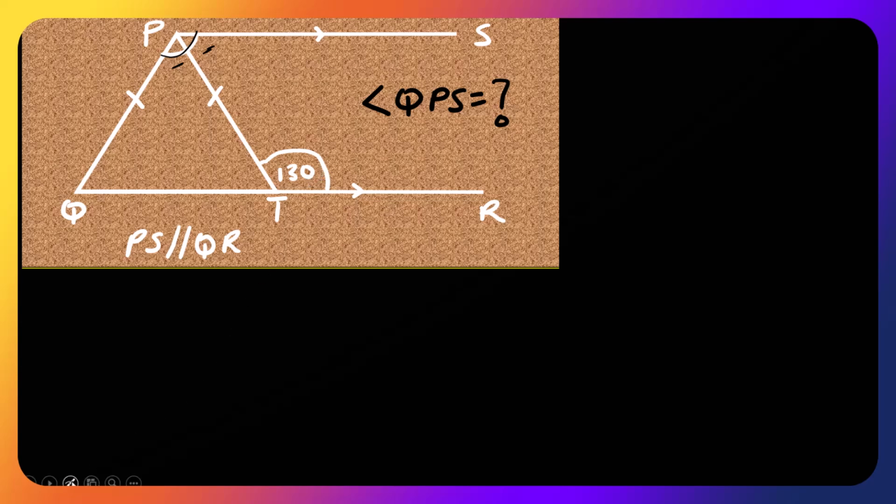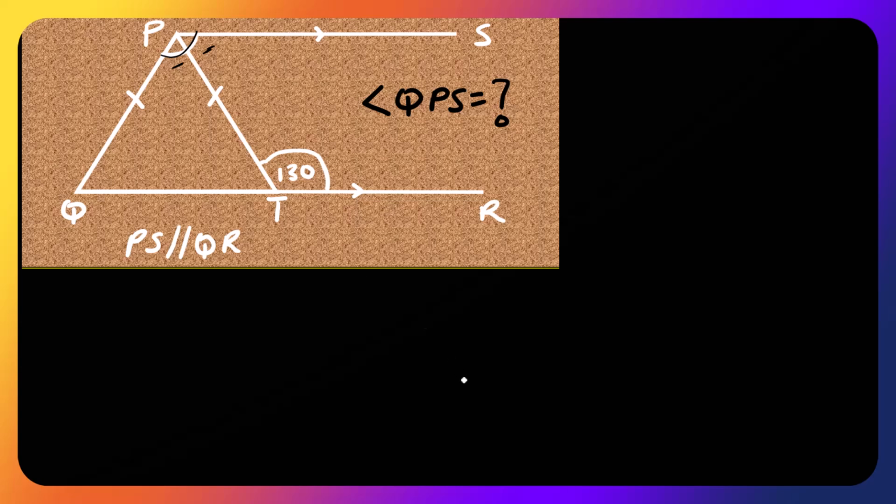Now we have so much information that can help us get this side and this side. All right. Now, first of all, let's observe this side. Line QP and line PT are the same.